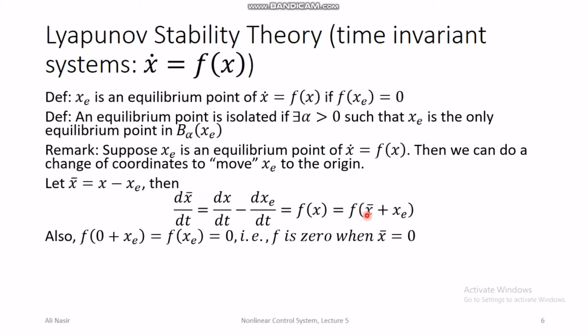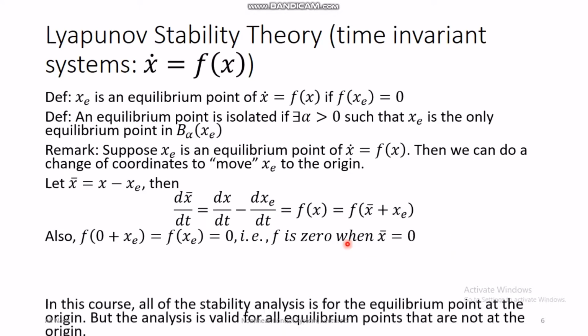Here also f is a function of one variable, but this variable has this constant shift with it. Whenever x bar is 0, we get f of xe, and we already know that f of xe is 0. So now the equilibrium point of x bar dot equal f of x bar plus xe has been shifted to x bar equal to 0.